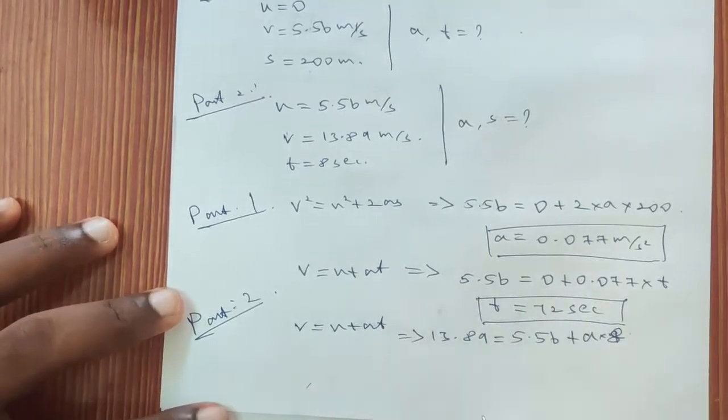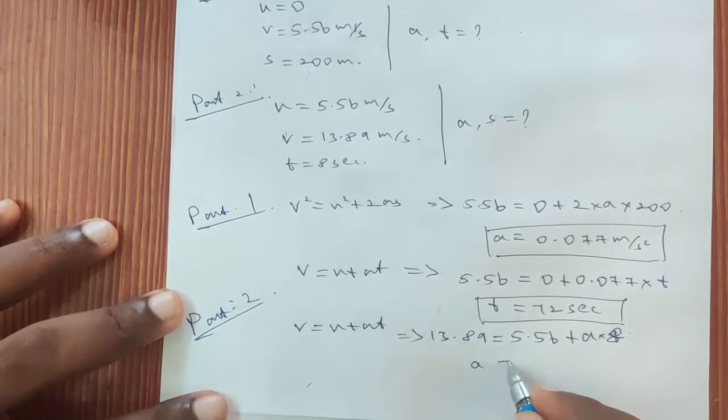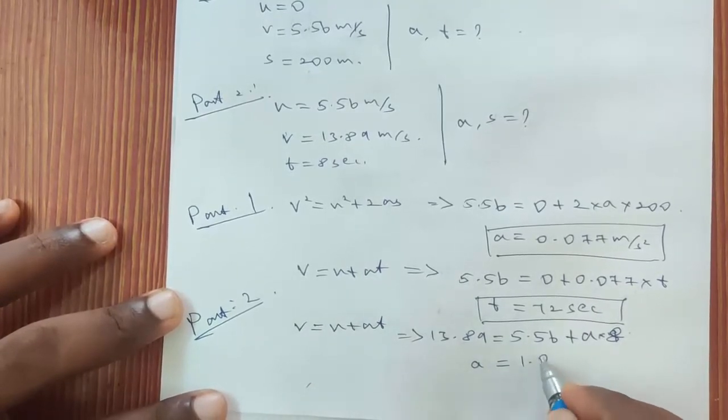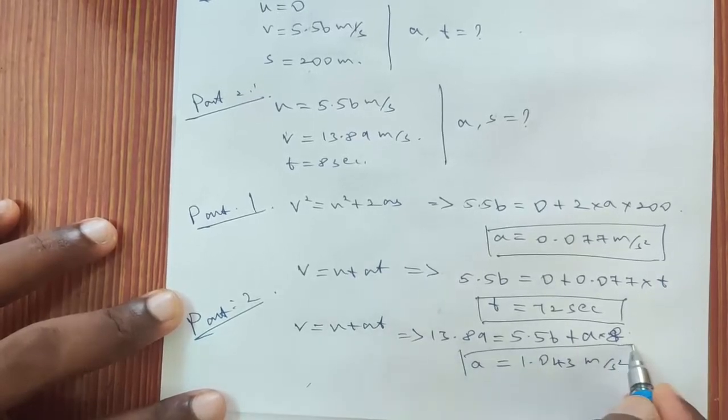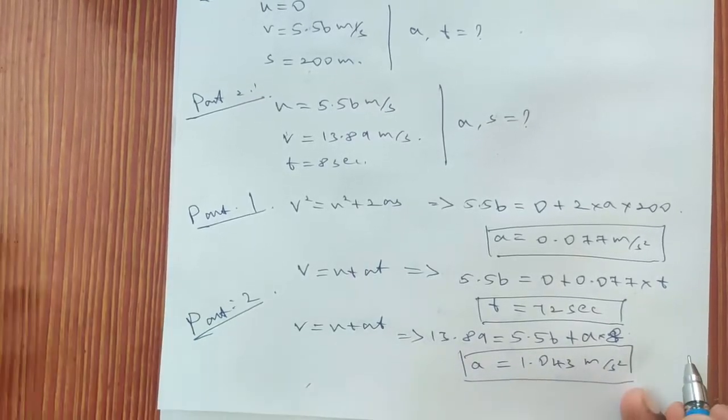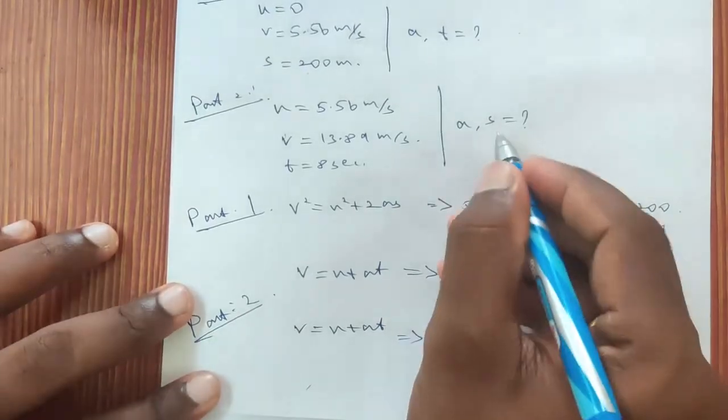If you solve this equation, finally you will get a is equal to 1.043 meters per second squared. Okay, fine.